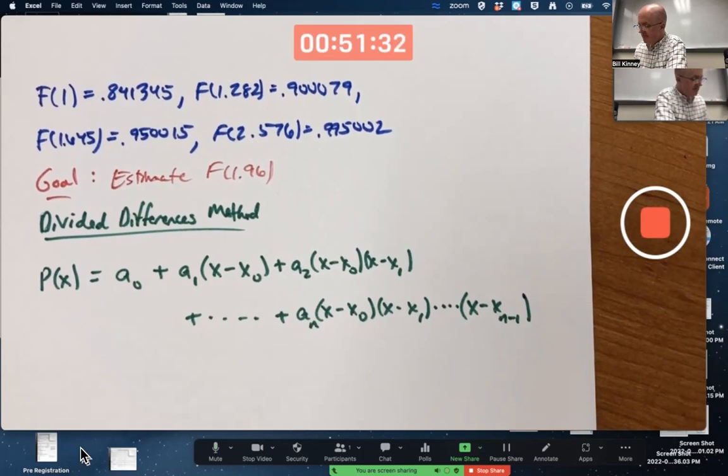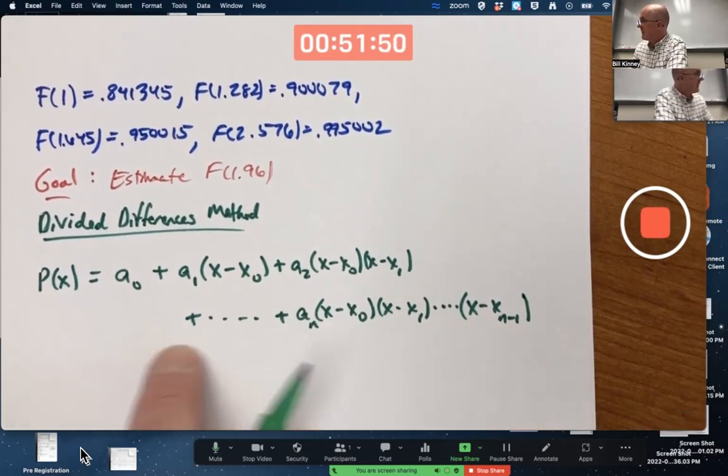Think about it. This has got to be an nth degree polynomial. We start our node labeling with the 0th node. There are n factors here when this last subscript is n minus 1.